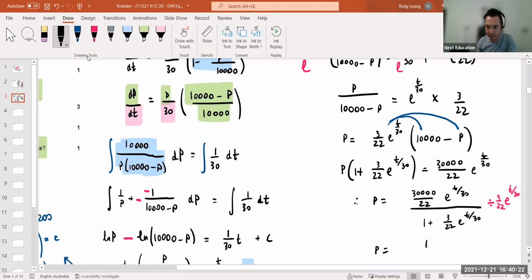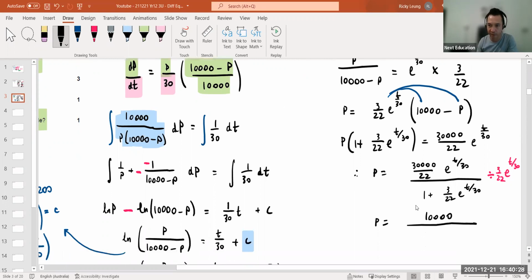Everything else goes, right? So 10,000, which is great because that's N. And then I'll rearrange the order. There are 2 terms on the bottom: a 1 and this guy. The second one becomes 1 because that's what I'm dividing by. And then 1 on this guy, so the reciprocal of that, 22 on 3, and E to the minus T on 30, which is my answer.